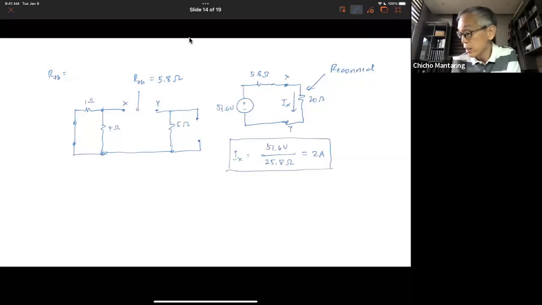Any questions? Okay, why are 1 and 4 in parallel? Okay, let's take a look at 1 and 4. The two are interconnected here at that one end, and the two are also interconnected at the other end, and therefore they are in parallel.